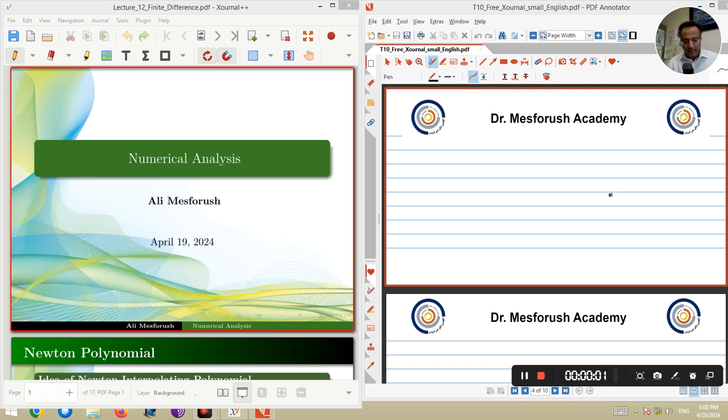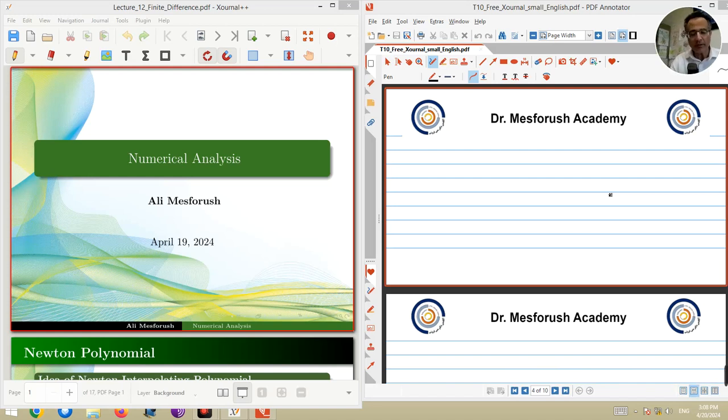Okay, in the Lagrange interpolating polynomial, we saw that there were two very big drawbacks in implementation.